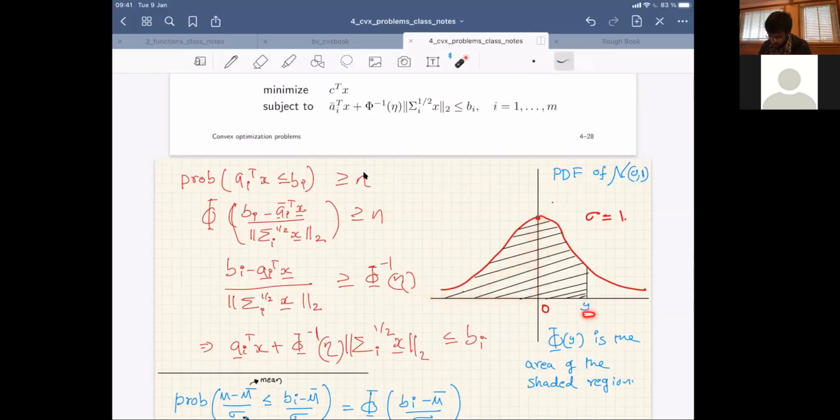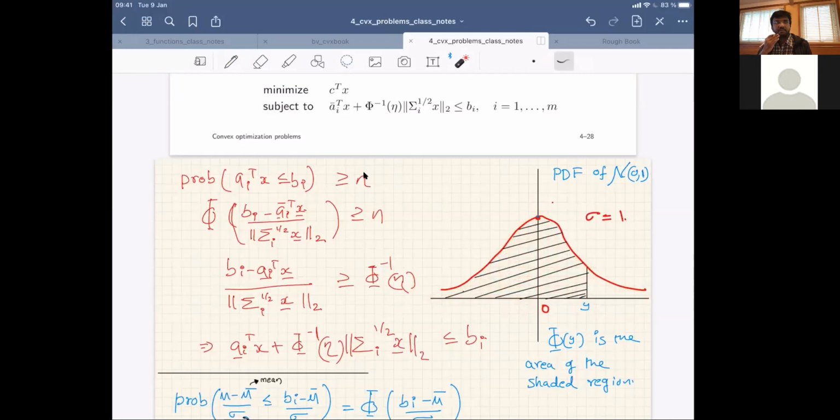If you take all the area under this curve, it will be 1, and if you take half of it, the probability will be half. When the value of y is less than 0, the probability eta will be less than half.